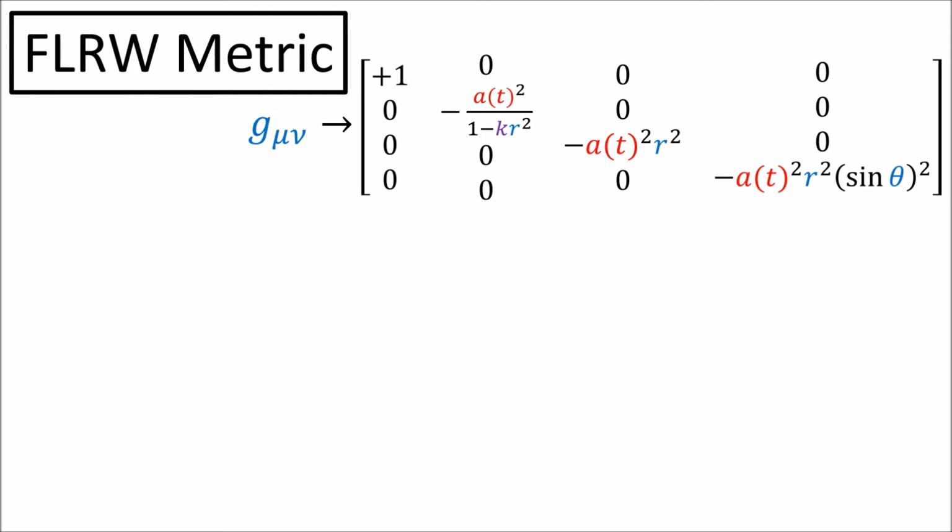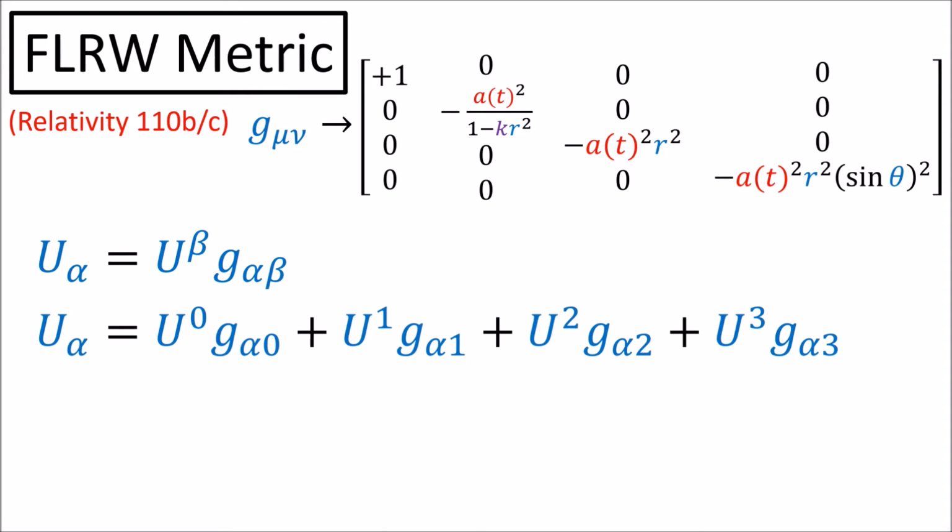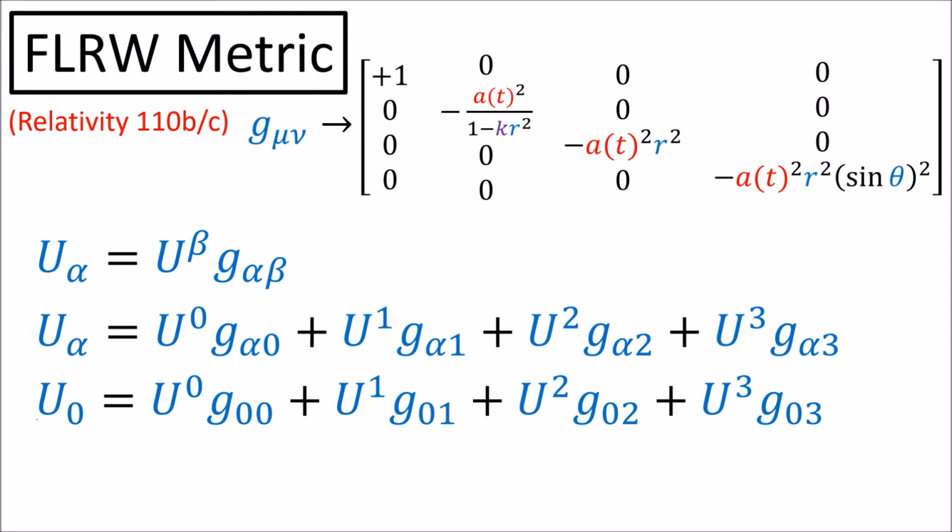Now, for our universe obeying the cosmological principle, we use the FLRW metric, as discussed in Relativity 110b and 110c. The 4-velocity vector with lowered indices equals the ordinary 4-velocity summed with the metric, which looks like this if we expand the summation. Let's look at the special case of the U0 component.